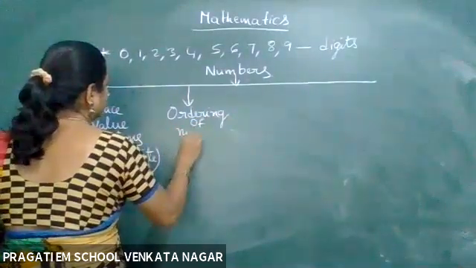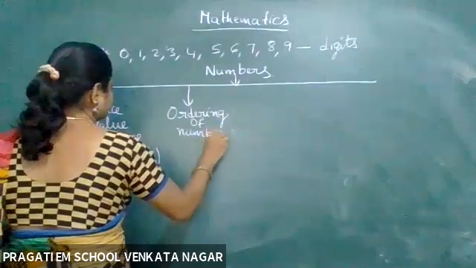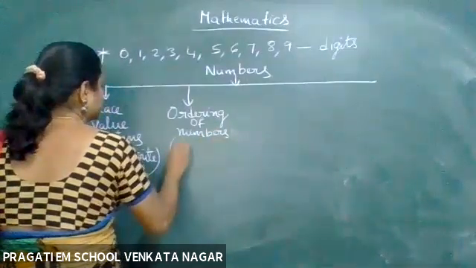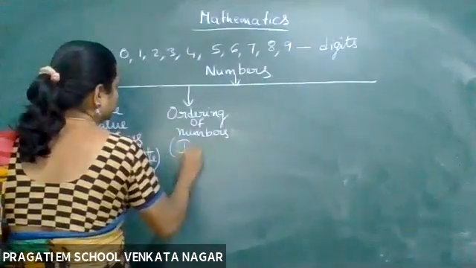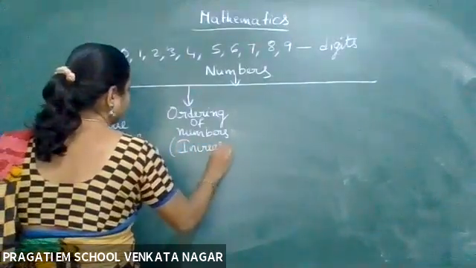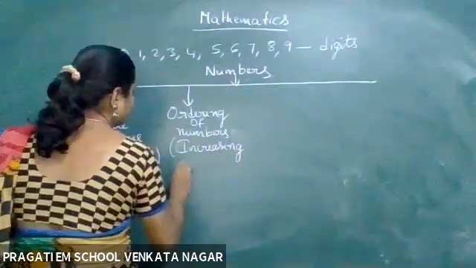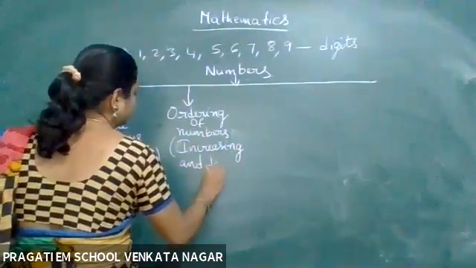Ordering of numbers, in which you are going to use increasing and decreasing orders.